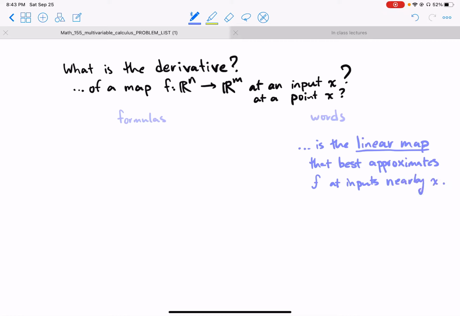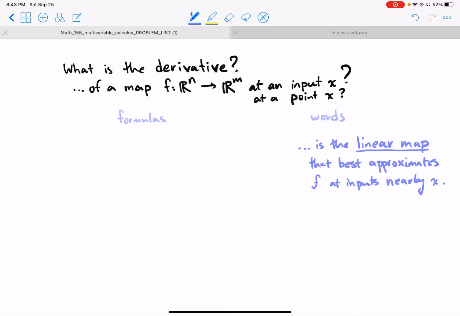Okay, so the derivative is a linear map. It is a new map, and it's the linear map that best approximates f. So if we plug in things nearby to x, we will get very good values from the derivative.